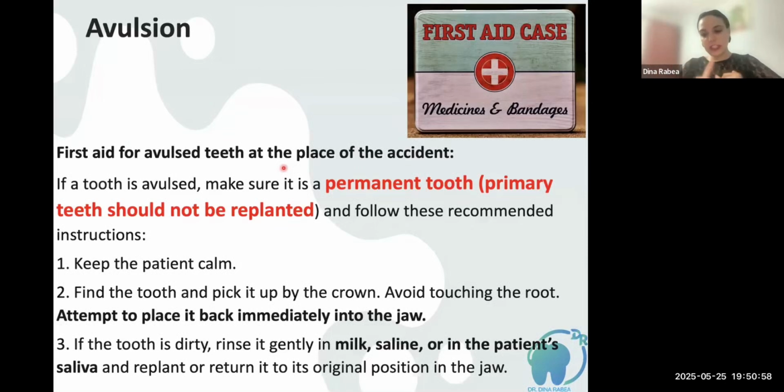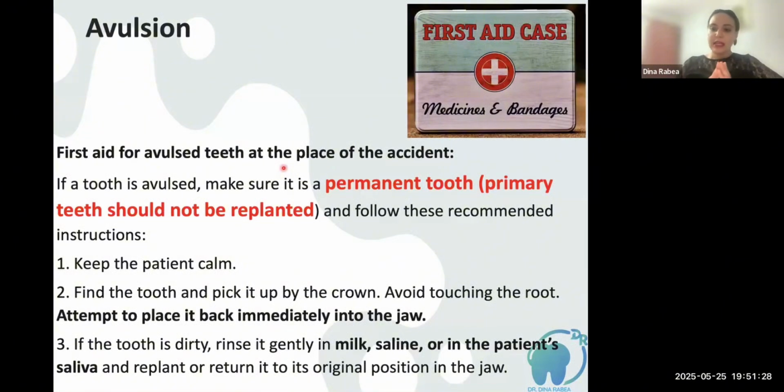So we have to educate teachers, maybe sports teachers, clubs, parents of course, and all kinds of caregivers on how to treat avulsed permanent teeth when this happens. Of course, the first question we have to ask when they call you and tell you my patient has knocked out their tooth is: is it a primary or a permanent tooth?